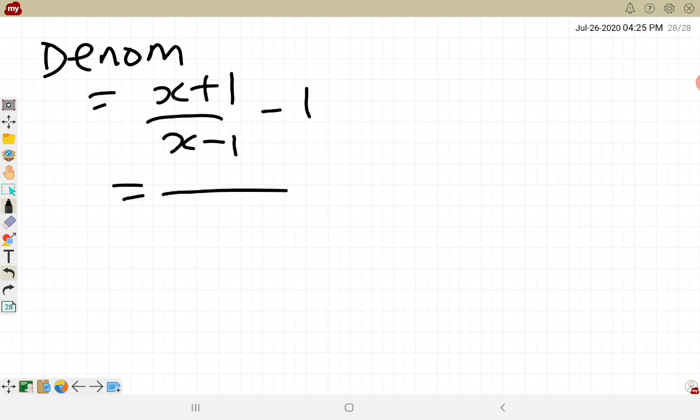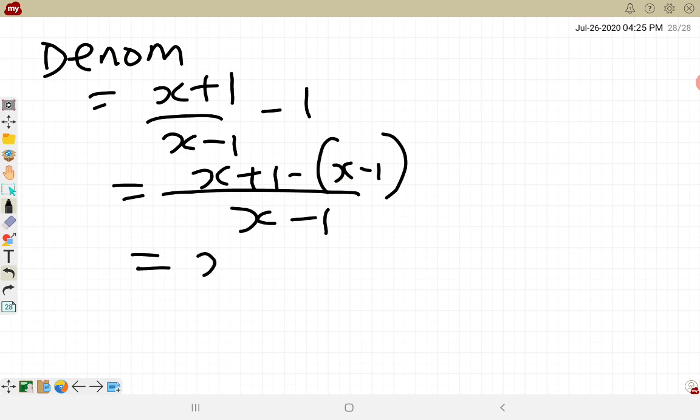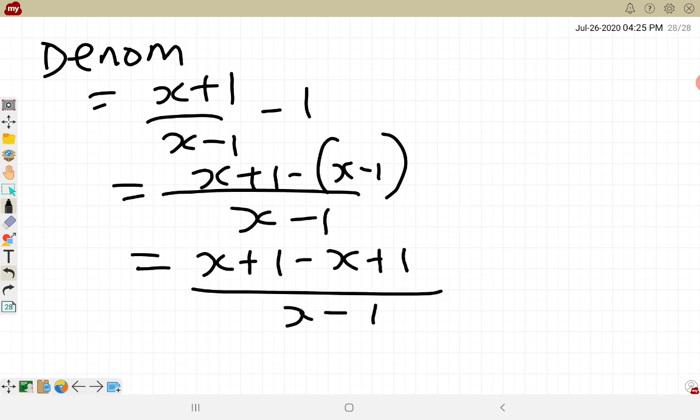So change it to a single fraction with lowest common multiple x minus 1. We have x plus 1 minus x minus 1. So opening the bracket, we have x plus 1 minus x plus 1 over x minus 1. So x and x will cancel, 2 over x minus 1.